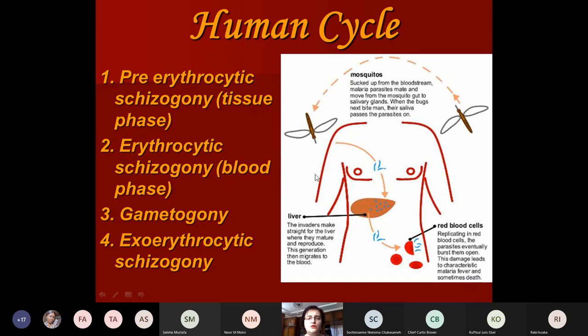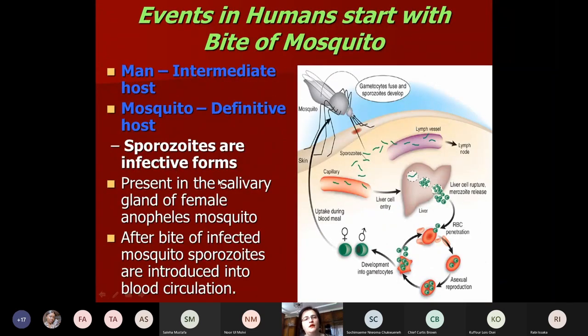Erythrocytic schizogony in blood, gametogony also as a rule in blood, and exoerythrocytic schizogony will be in mosquitoes. No, it will be already the sexual way of the cycle of development.